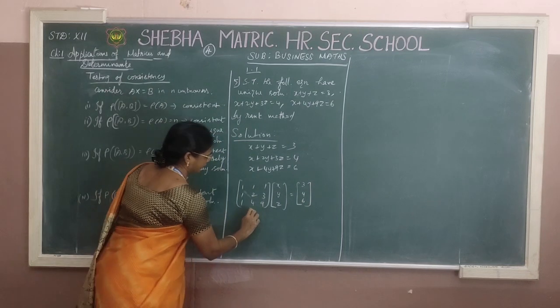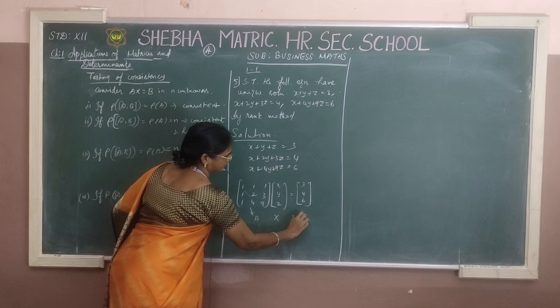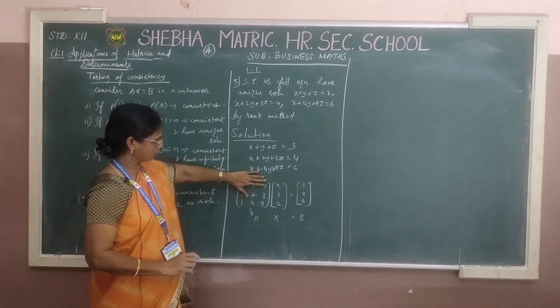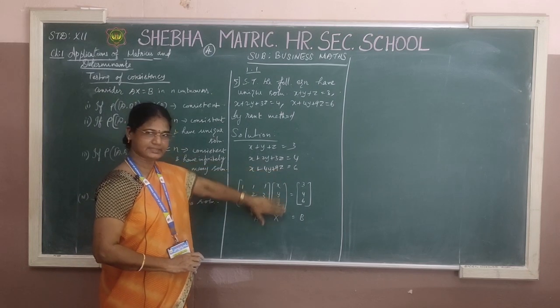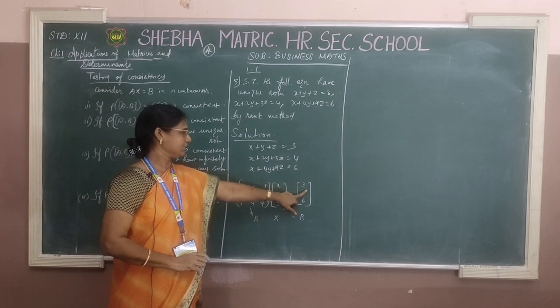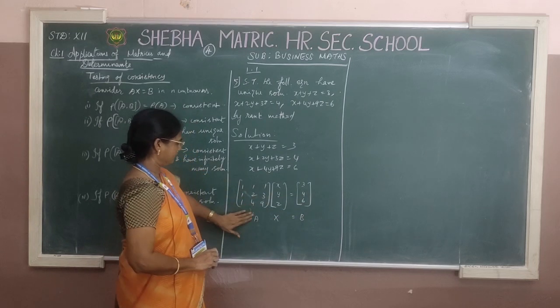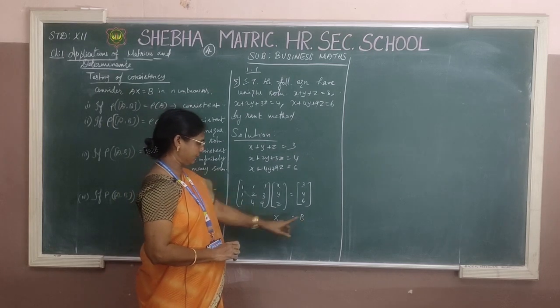So we denote this matrix as A, this as X, and this as B. We assume the coefficient matrix as A, the variable matrix as X, and the answer matrix as B. Now we get AX equal to B.